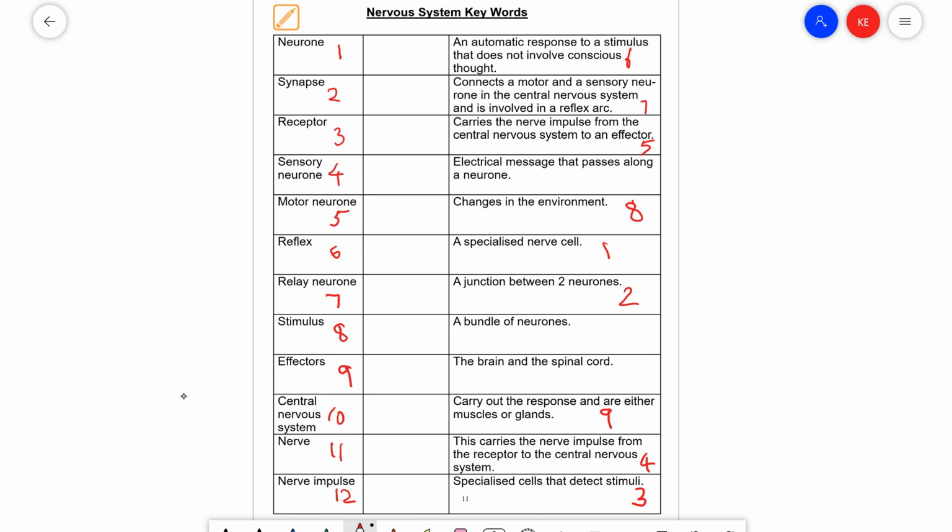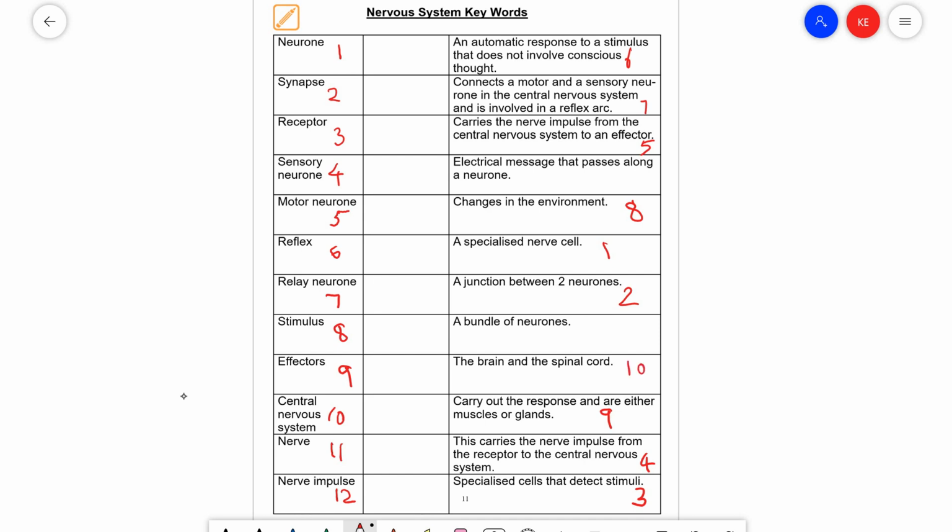So the information, if you remember, in a reflex action, the stimulus is detected by the receptors, the information travels along the sensory neuron, then the relay neuron, then the motor neuron to the effector, which will cause a response.